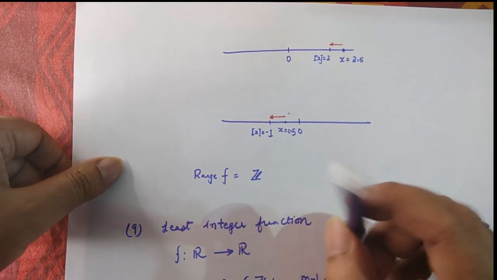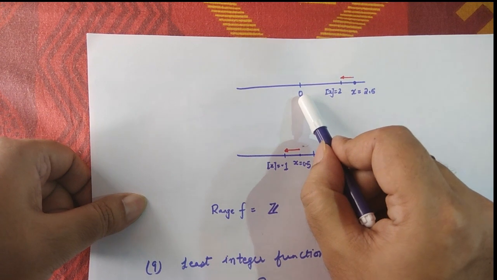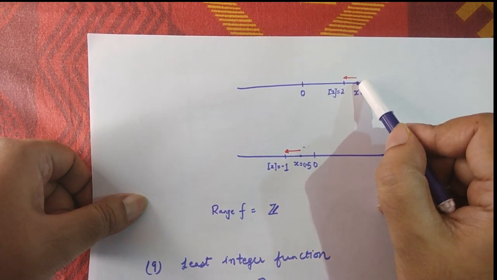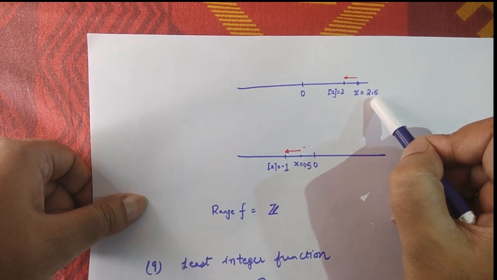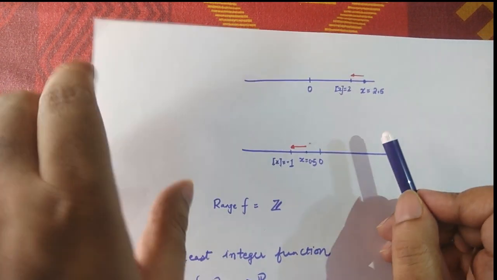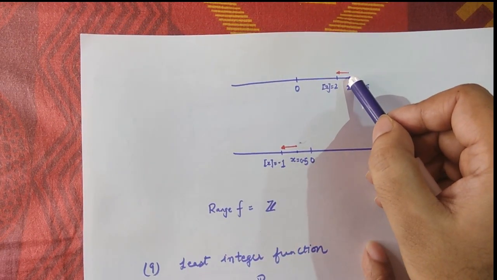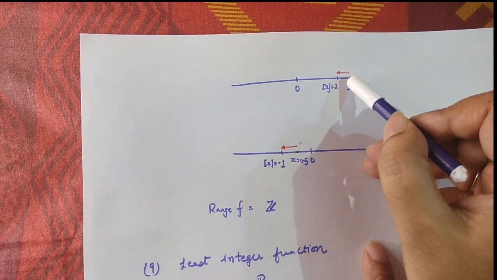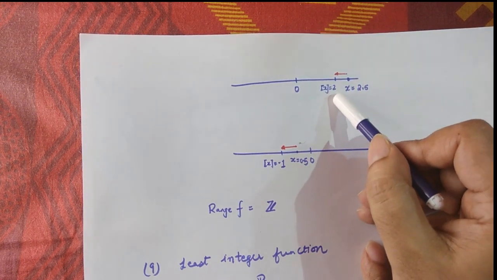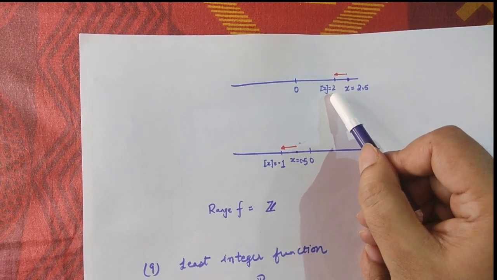Let us illustrate this. So this is my real number line. This is the origin. Say x is equal to 2.5. We locate the point x corresponding to the number 2.5 on the real line, which is this point, and we start moving towards left from x. Quite obviously, the first integer which we will encounter will be 2.